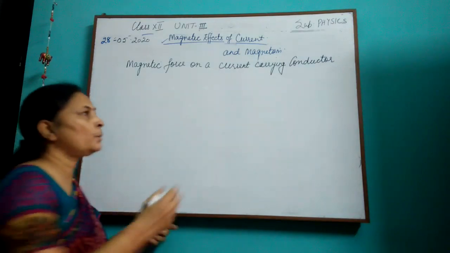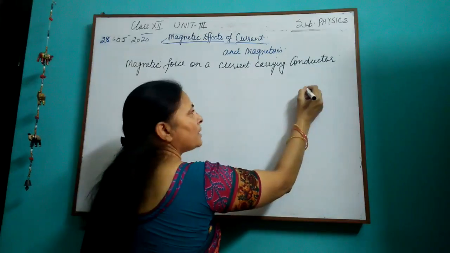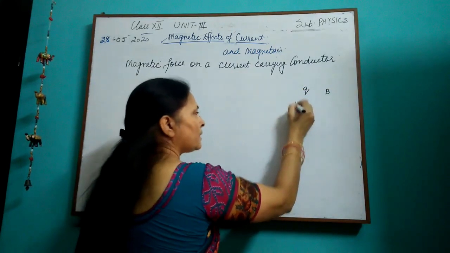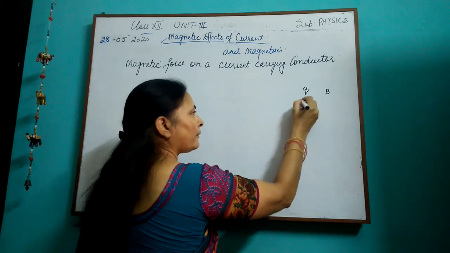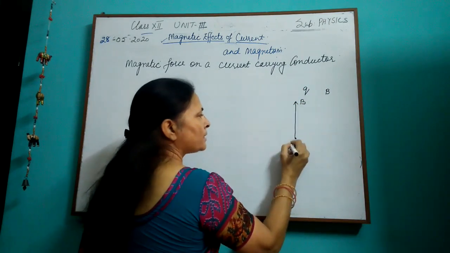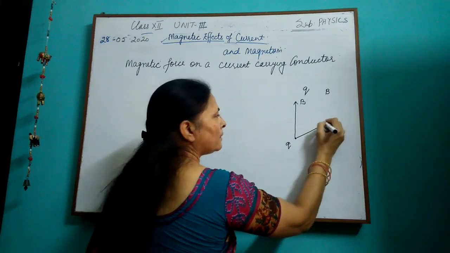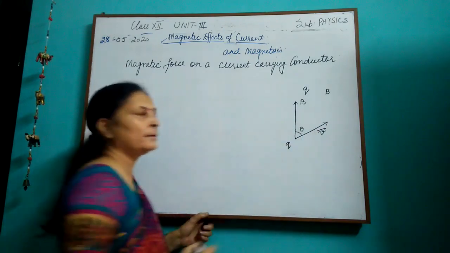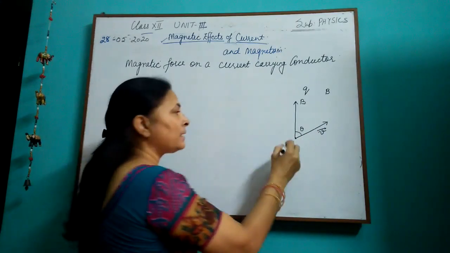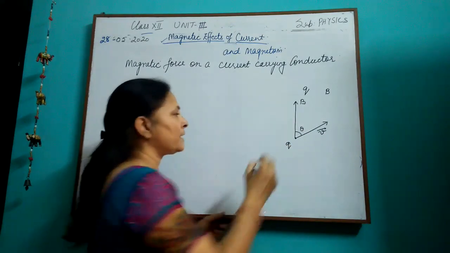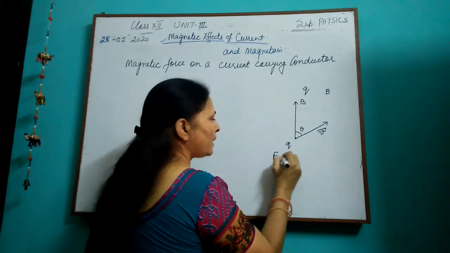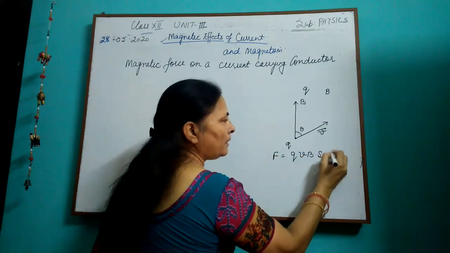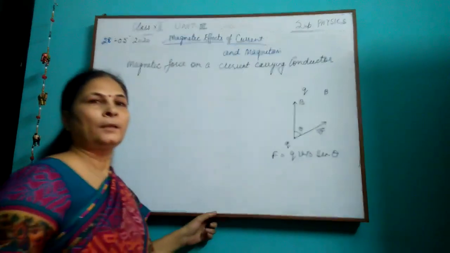We talked about that when a given charge moves in a magnetic field B, say the magnetic field is like this, and the charge Q enters the magnetic field with velocity v, making an angle theta with the magnetic field, the magnetic force or the magnetic Lorentz force experienced by it is given by F equals Q V B sine theta.